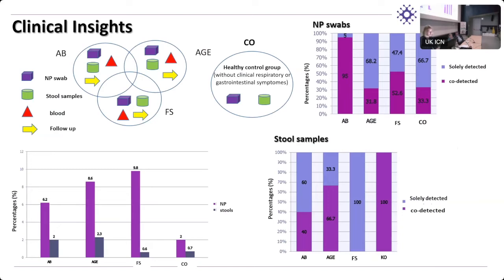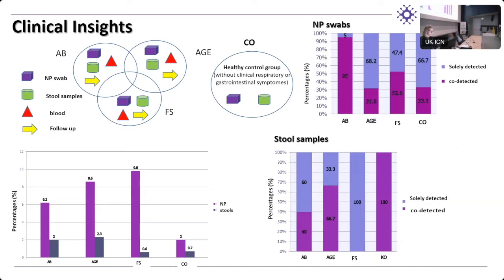On the other hand, here on this figure, you can see that a very high percent of children, 95%, had co-infection with other respiratory viruses, in children with acute bronchiolitis. And in children with gastroenteritis, in stool samples, we also had a lot of co-infections with other gastroenteric viruses.